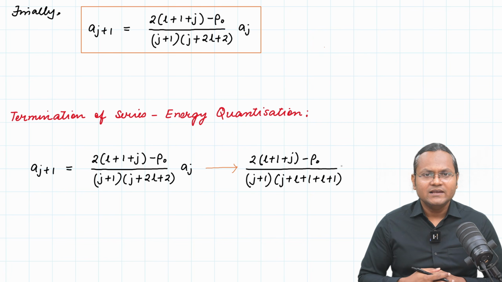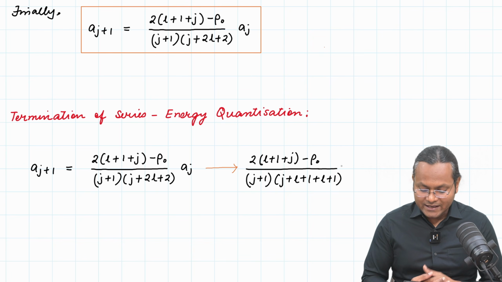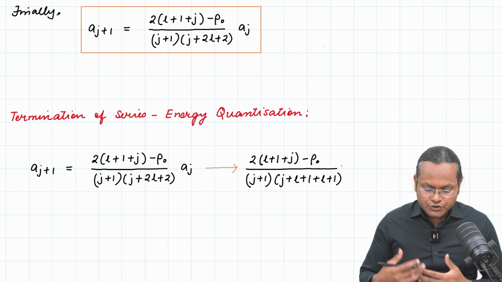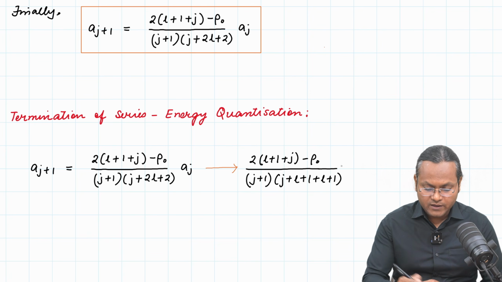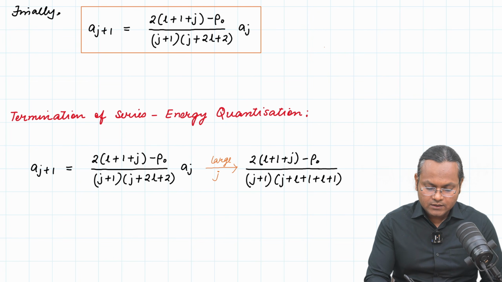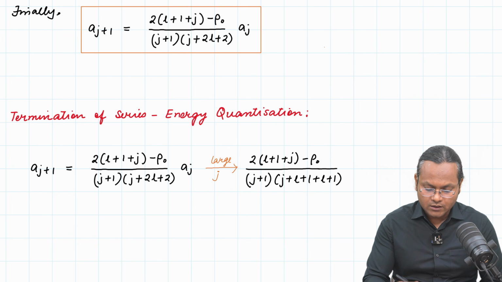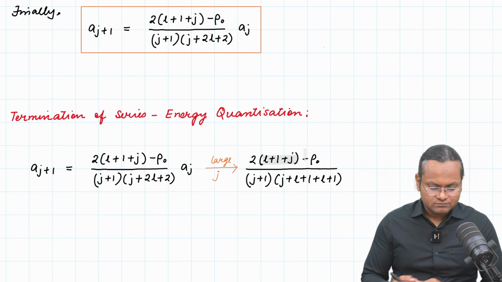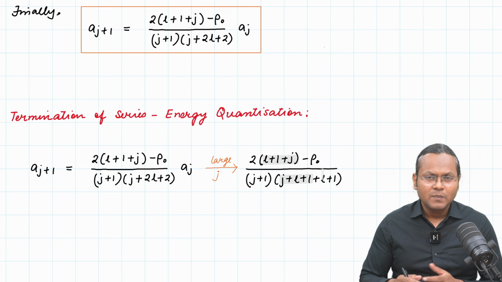What is l here? l is, of course, a quantum number that can take values 0, 1, 2, 3, like that. For extremely large values of j, I'm going to make an approximation here, so please be with me. For large j, the numerator, of course, is dominated by the term j plus l plus 1. You don't have to worry about the rho naught. And in the denominator, you have something like j plus l plus 1 plus l plus 1.